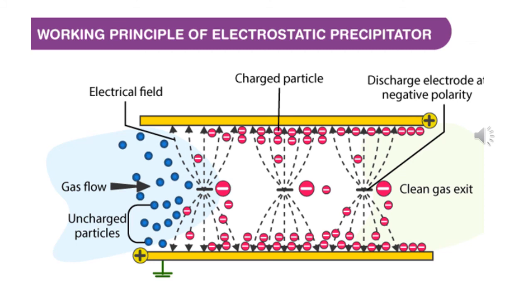These particles move towards the positive electrodes, are attracted to them and fall off due to gravitational force. Now the incoming gas, known as flue gas, is free from dust particles as it flows through the electrostatic precipitator and is discharged to the atmosphere through the chimney.